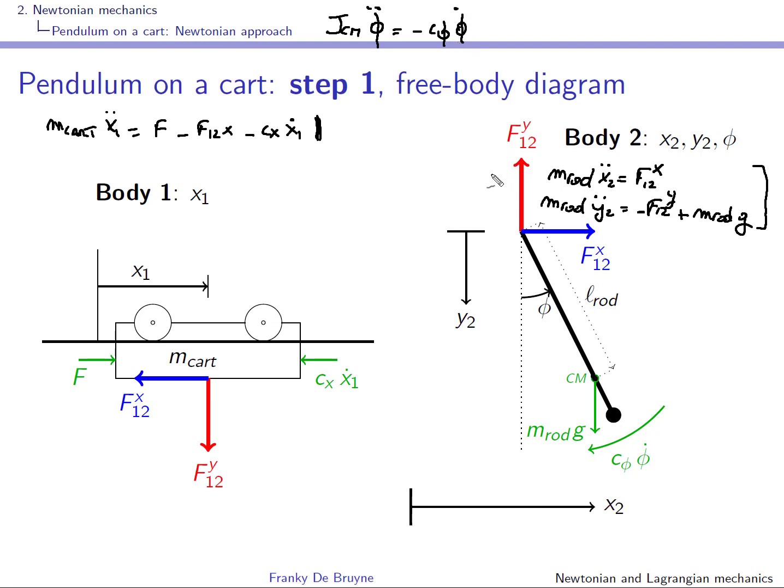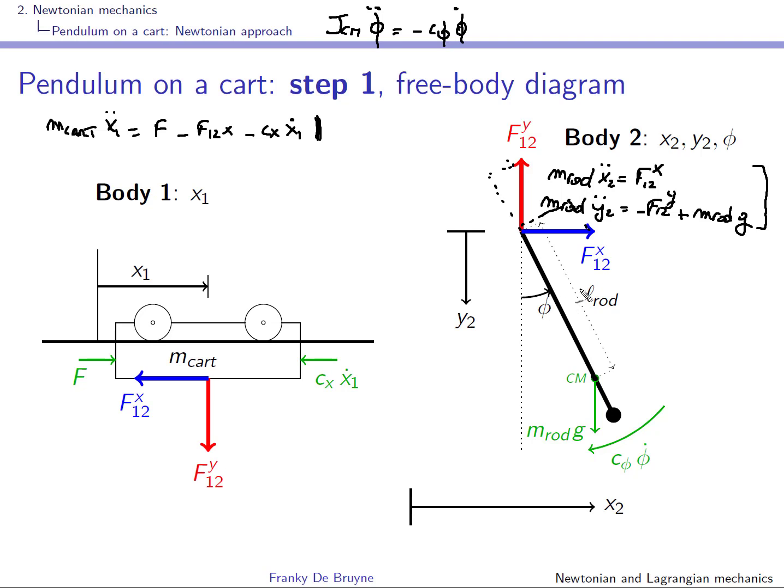Okay, and then you have these contributions here. Okay, I'll have to show you. Okay, and here I have something similar. So we'll have a contribution of this force, but it has to be projected on this axis here times the length of the rod, and it's positive.